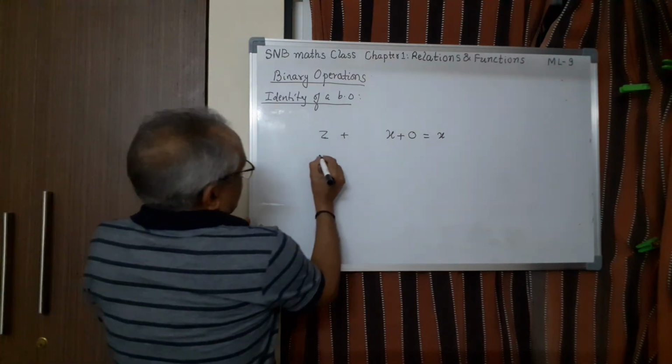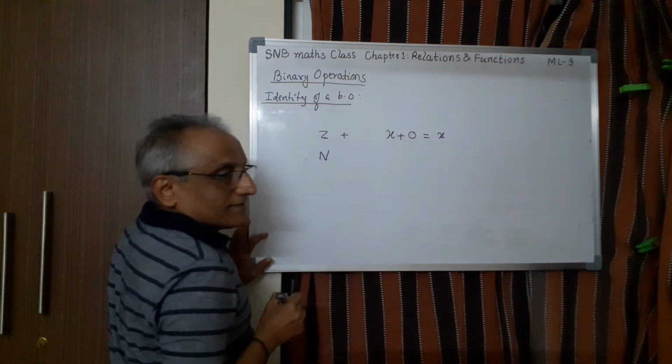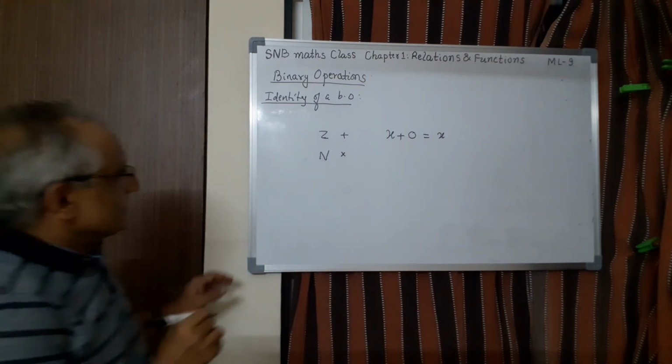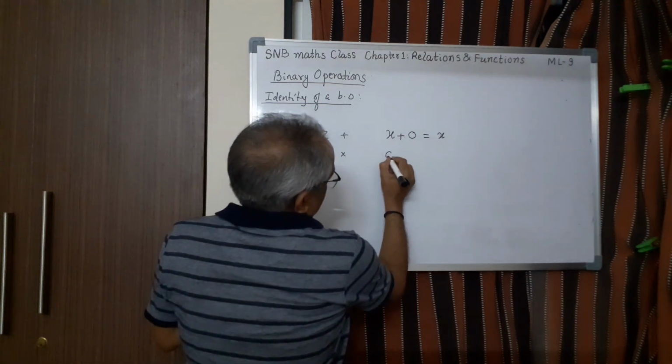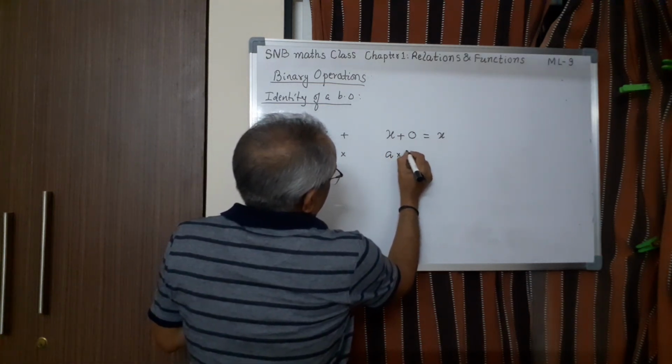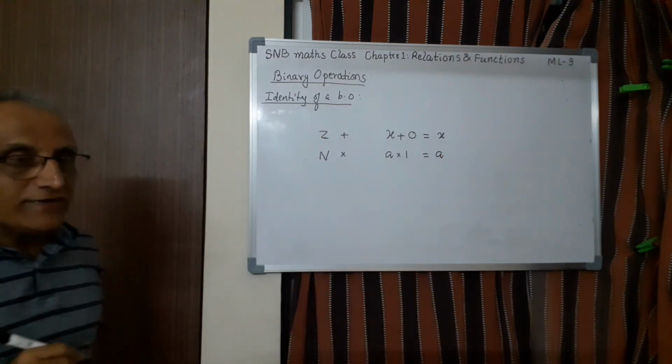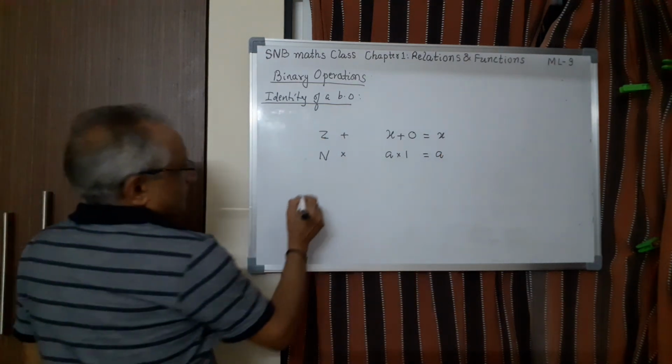Let me take one more example. Let us take N under the binary operation multiplication. Suppose you take say a into 1, this will give you a only. Let me give one more example.